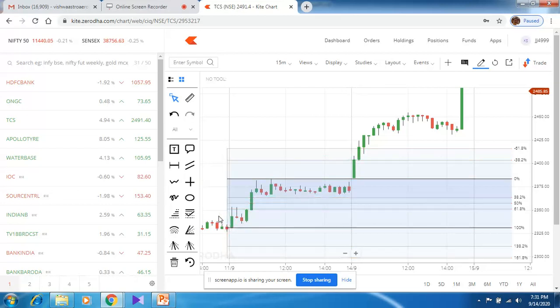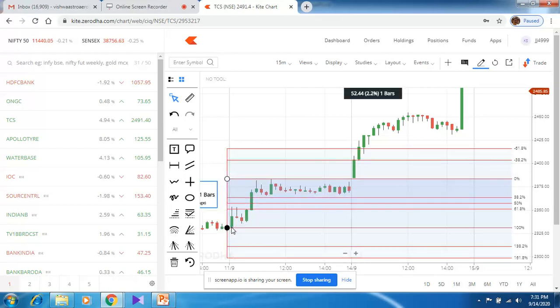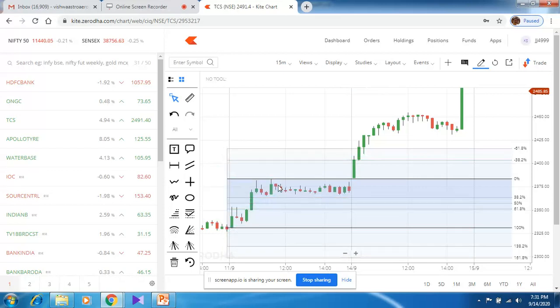Now in Fibonacci retracement, we need to observe. I'm telling you this because this was the behavior of today's people, the emotions of people. We'll come to this, but before that, let's see what is happening here. The previous day was Friday.